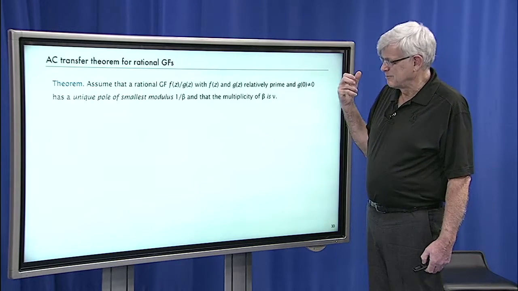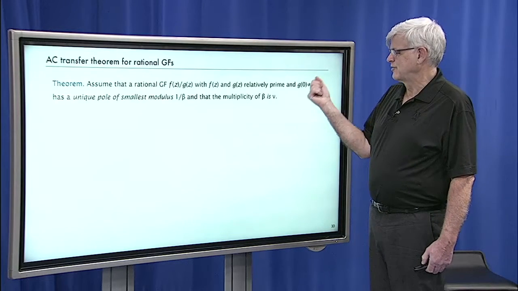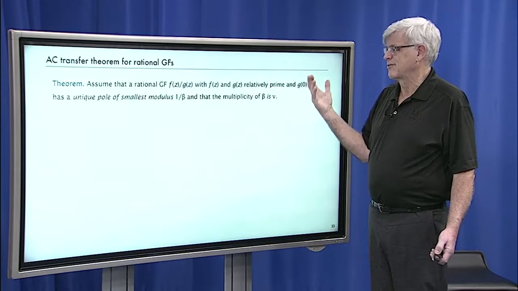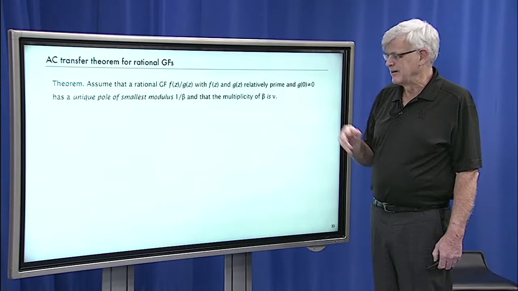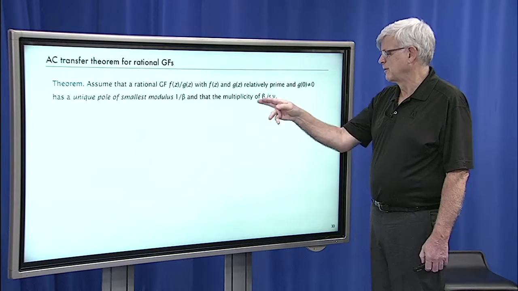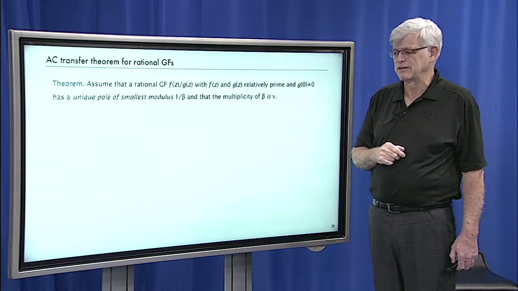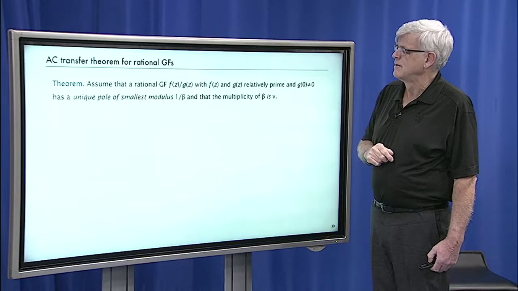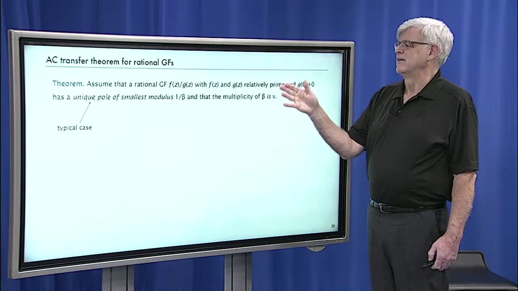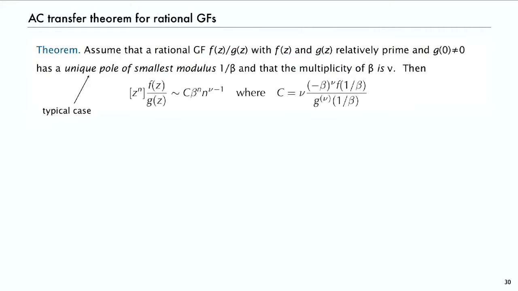As I mentioned, most of the time, we can assume that we'll encounter functions where there's a unique pole of smallest modulus, and that's the only one that we worry about. And I don't want to worry about its multiplicity, like with the 1 over 1 minus 2z squared example that we did. So it's a typical case. There's a unique pole of smallest modulus.